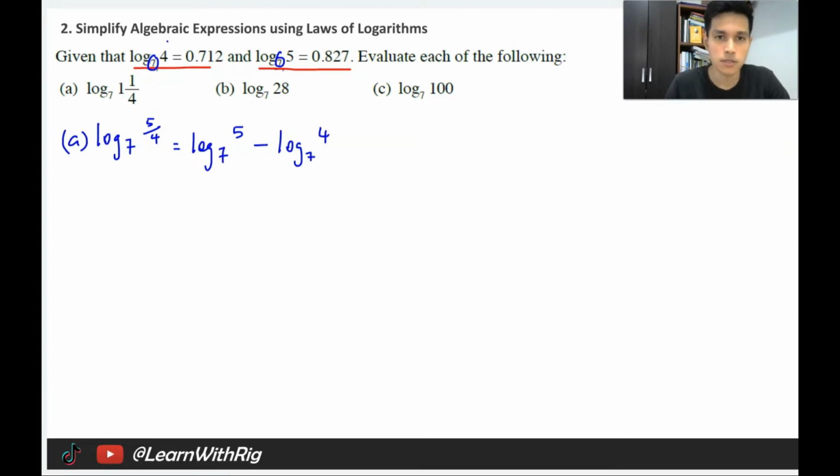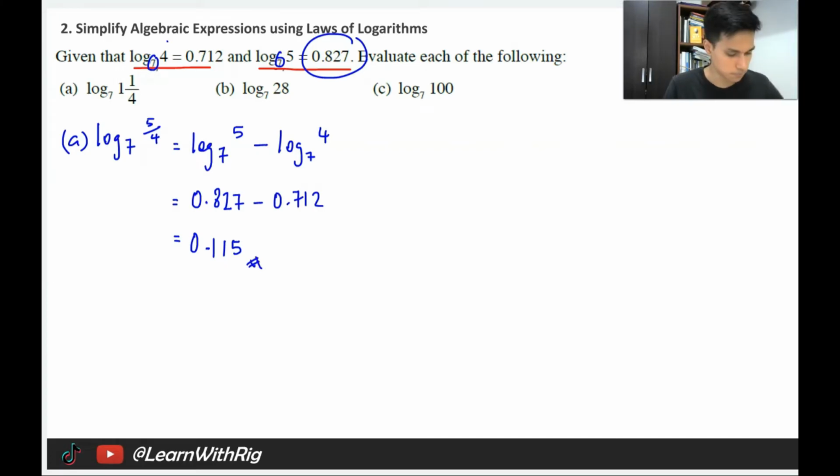So now you have log 5, which is 0.827, minus log 4 base 7, which is 0.712. Your answer should be 0.115. Okay, this is your answer.